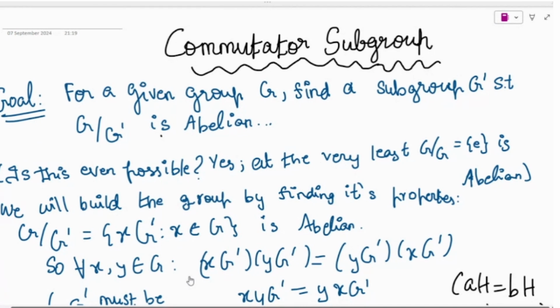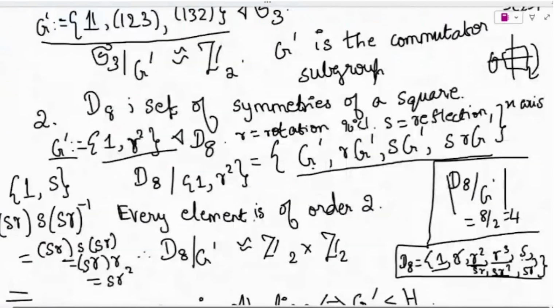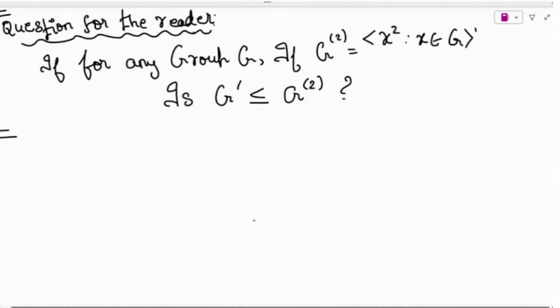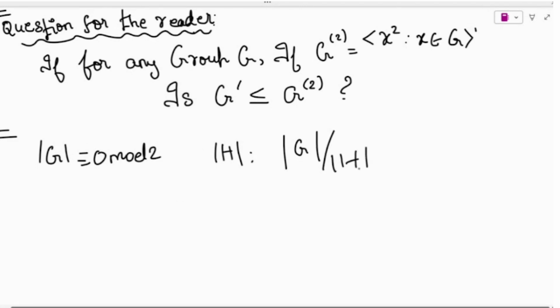One more possible way is this: suppose the order of G is even, and we find a subgroup H of index exactly 2.